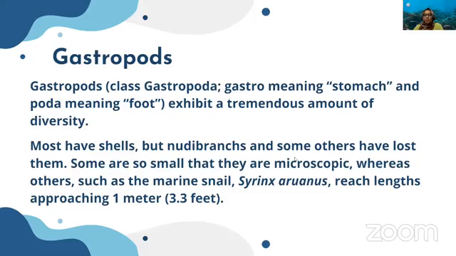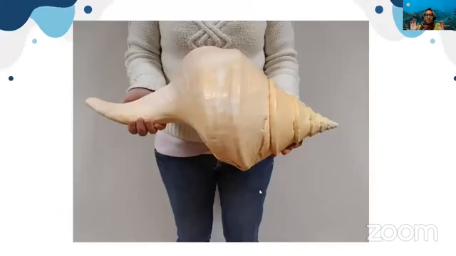Most have shells, but some lack shells, and they range from very minute organisms to very large ones. Like here it's said the Syrinx aruanus can grow up to 1 meter. In the next picture you can see how large they are.